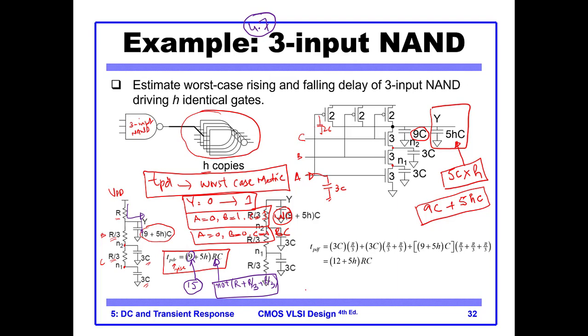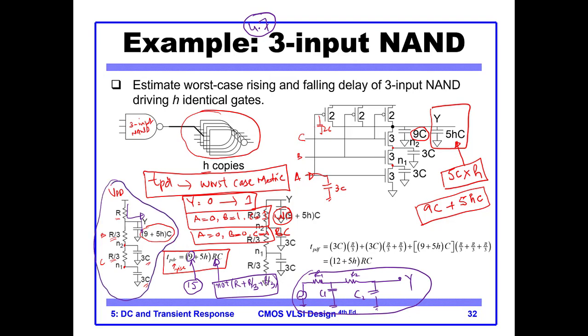So the original Elmore model was something like this. You have a source, then you have a resistance R1, then C1, then a resistance R2, then C2, and from here you have the output. So this was the model. But this circuit is different.